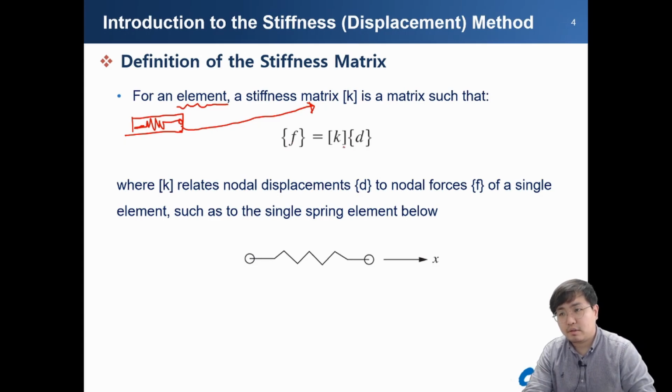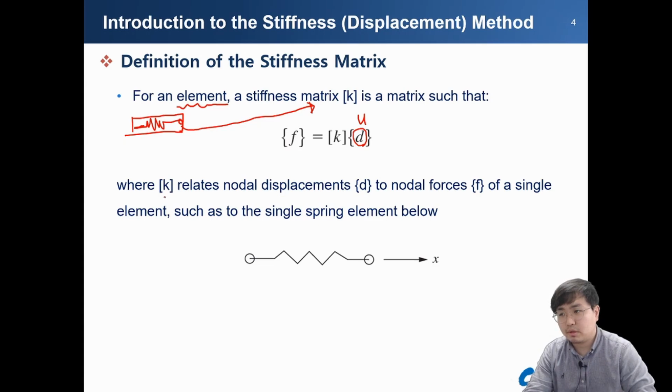Finally, we say that some force is equal to the local stiffness matrix multiplied by some displacement. Sometimes I notate it as U, or in the textbook they also use D. U and D are similar notations, so please do not be confused when I use U or sometimes D.